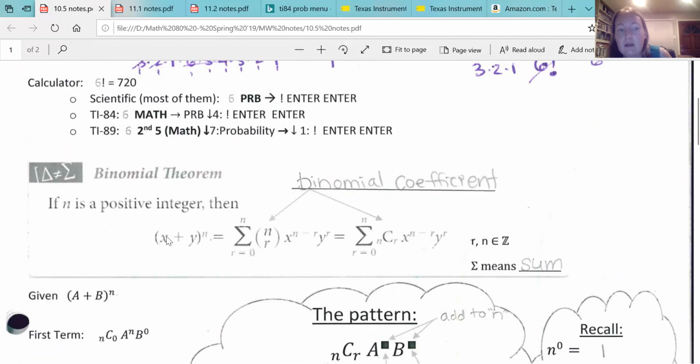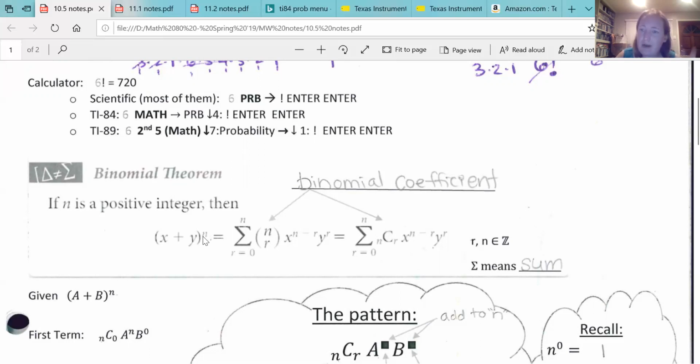So instead of writing x plus y, x plus y, x plus y out, maybe let's say 3, 4, 5, 10 times, you can make use of this formula and you wouldn't have nearly as much of the foiling and the distributive property. It's just much easier when you get to higher values of n.